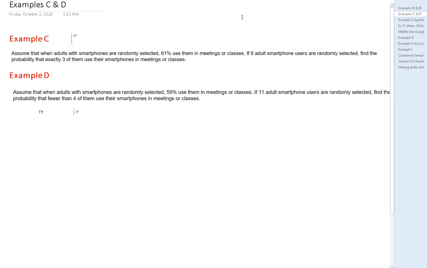Well, randomly selected actually gives us the independence. Because if you're selecting people at random, then what somebody picked at random does with their smartphone in a meeting or class really has no effect on what's going to happen with yours. So would it be 3? Well, there is a fixed number of trials here, but it's not 3. It's 6. There's six smartphone users, so that's a fixed number of trials.